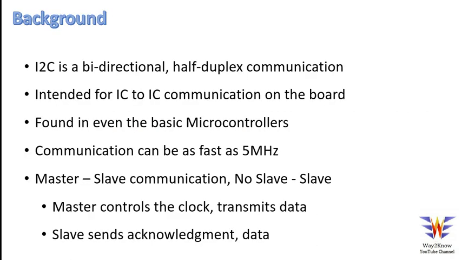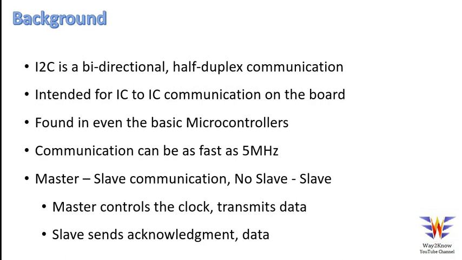Now, to give a background, we know I2C is basically a bidirectional half-duplex serial communication interface, and it is intended to be used between ICs on a board from one to many.